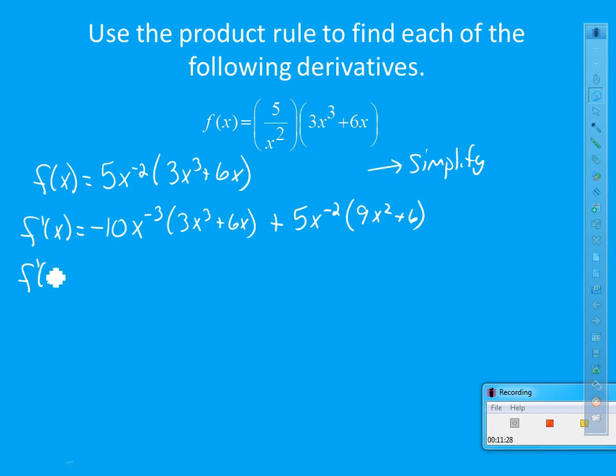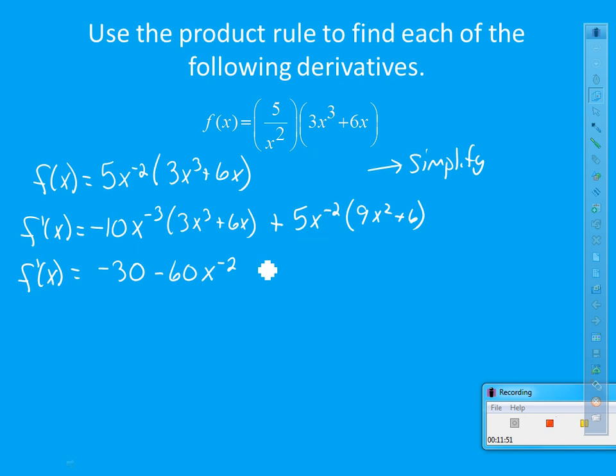Let me simplify this, and I'm not going to get rid of my negative exponents until the very end. So when I distribute here, I'm going to get negative 30 x to the 0, so I'm not even going to put that in there because that's 1, minus 60x to the negative third. I'm sorry, negative second. Negative 3 plus 1 is negative 2 today. So that takes care of that.